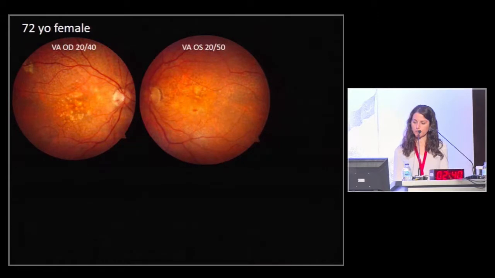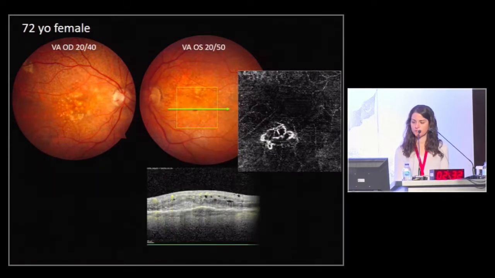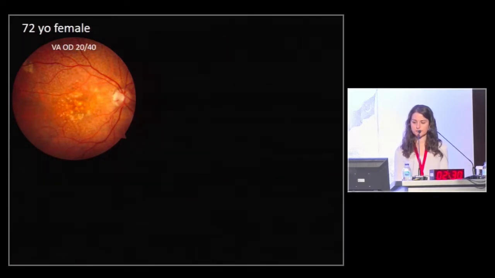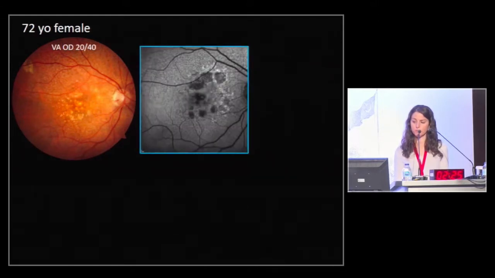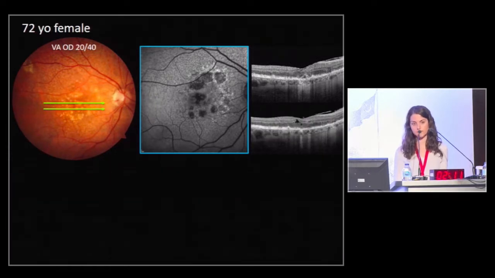So in cases where we have neovascular lesions, of course OCTA is really useful, but sometimes we have really complex cases, as in this fellow eye of a 72-year-old female. We have multiple areas of atrophy, and we have OCT signs with some subretinal fluid-like hyporeflectivities, and also intraretinal cysts. So we sometimes don't know if we have some neovascularization or not.